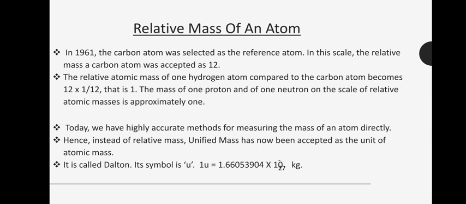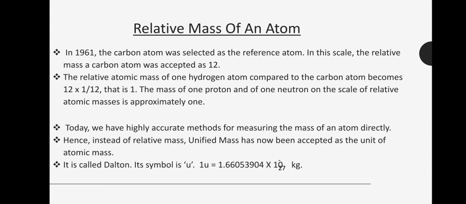On this scale, the relative mass of a carbon atom was accepted as 12. Okay. The relative atomic mass of one hydrogen atom compared to the carbon atom becomes 1 upon 12. Right. So, 12 into 1 upon 12, that is 1 again. The mass of one proton and of one neutron on the scale of relative atomic masses is approximately 1. Followed.